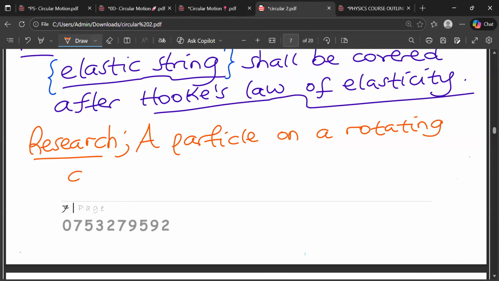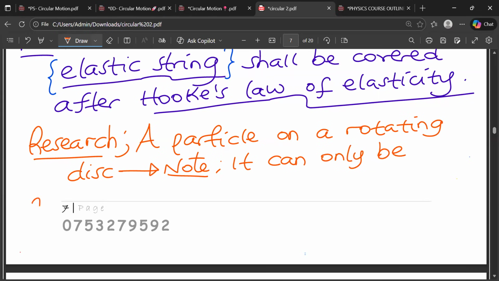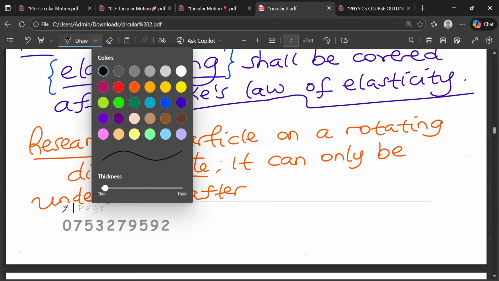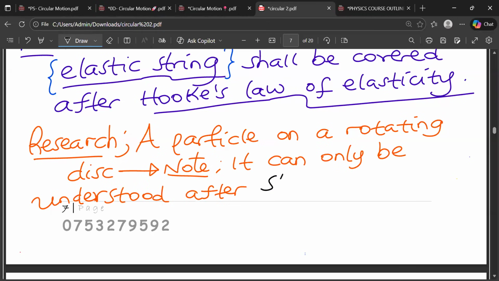But have it in mind, note, it can only be understood after a branch of solid friction called static friction. So if you don't know static friction, don't even bother. But the syllabus book didn't specify that we talk about it, so I'm just giving it to you as research.